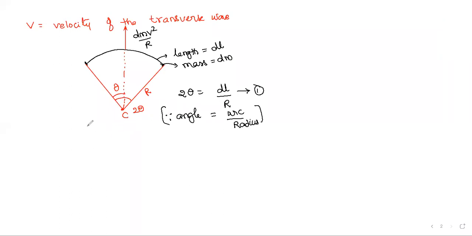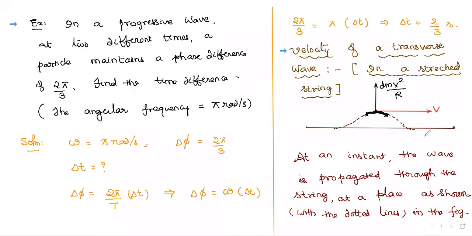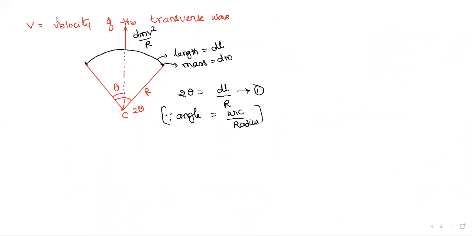Right, then come to here, Nana. It is a stretched string. Stretched means tightly fixed at the two ends. Tightly fixed means while vibrating, surely there will be some tension. Tension acts tangentially at the two ends.